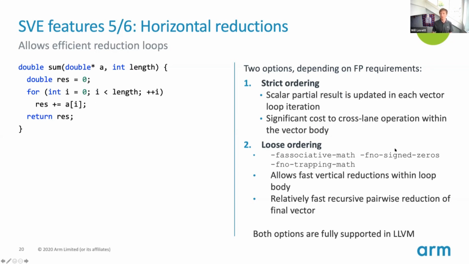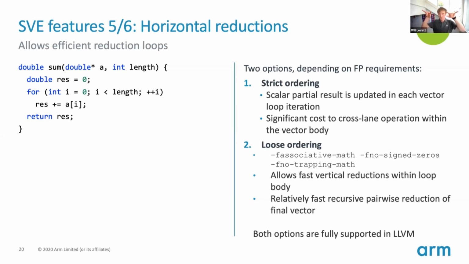Or if you give a sufficiently generous set of flags, then it's possible to reorder those operations and get significantly faster code. So what you do is you stay within your lanes, you generate a partial result for this reduction, and then at the end of the loop you collapse that into the single scalar result.